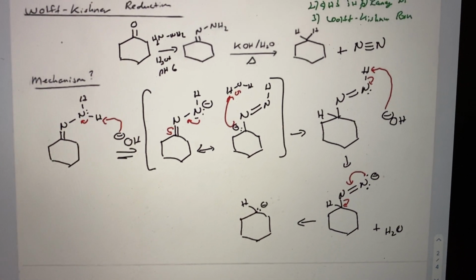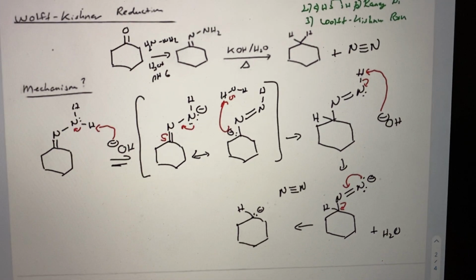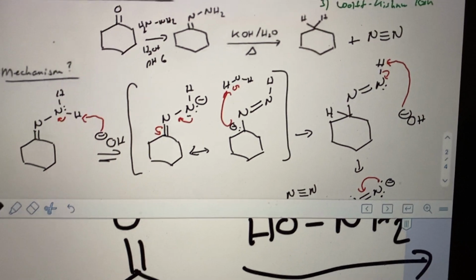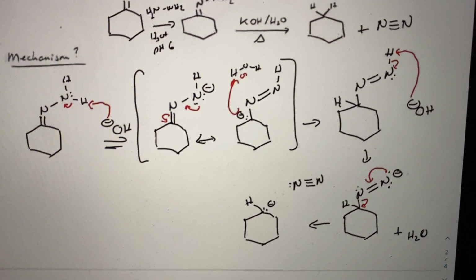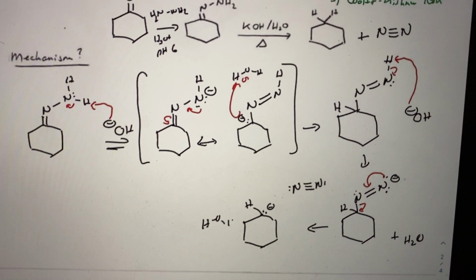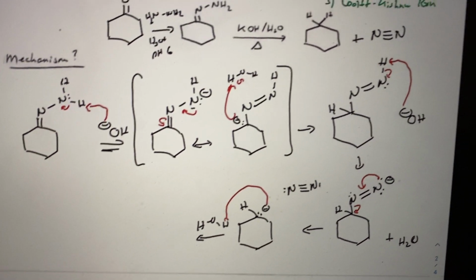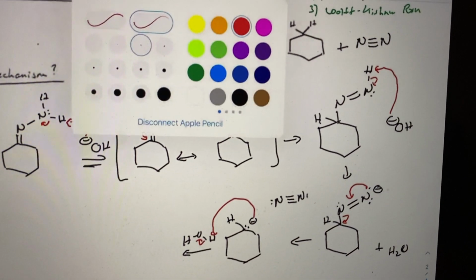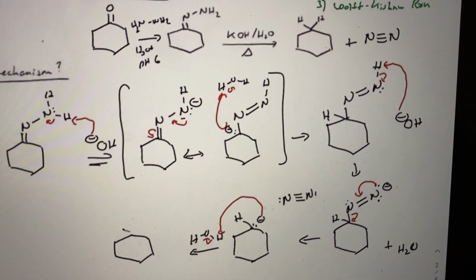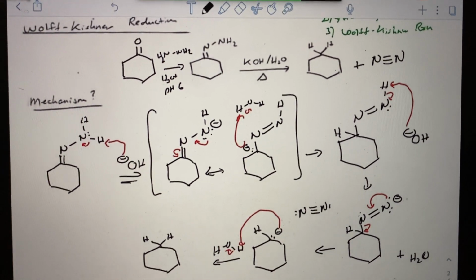We've released nitrogen. We can put the lone pair here. And then in the last step, we're going to regenerate our base to form our alkane in the end. Put that there for emphasis. Plus hydroxide.